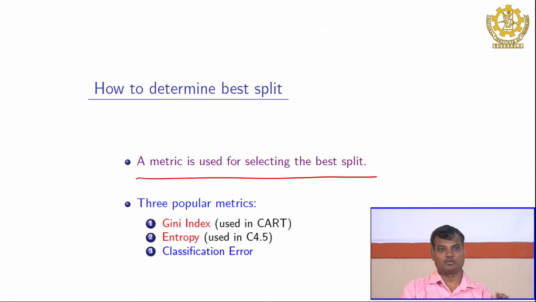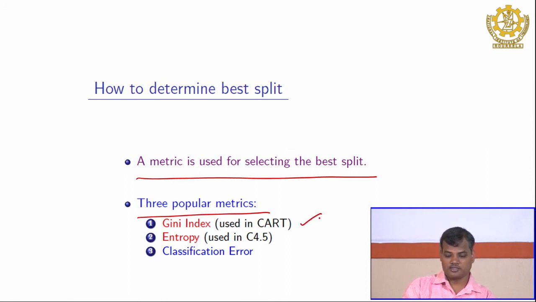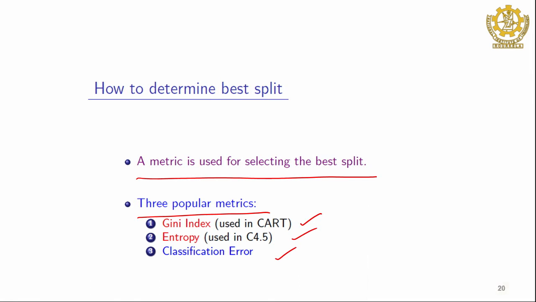So, this is another way to look at it. Now, there are three popular metrics: one is Gini index, another is entropy, another is classification error. Using these, we will compute the purity or impurity of each node of the decision tree. So, I stop here. In the next class, we will start from here, on how to compute the impurity or purity of each node.